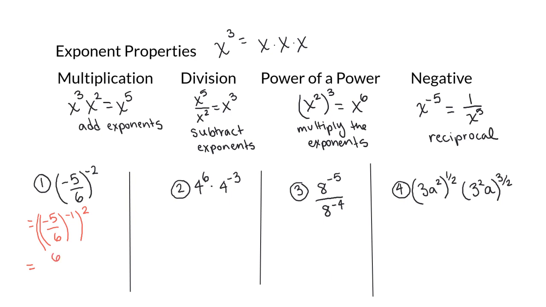So it would turn into 6 over negative 5, then to the second power. And then we square, or we raise to the second power, both of those parts of the fraction. So that would be 6 squared over negative 5 squared, which would give 36 over 25.